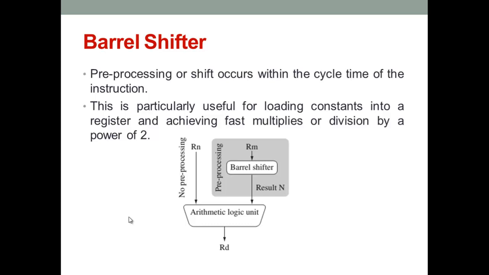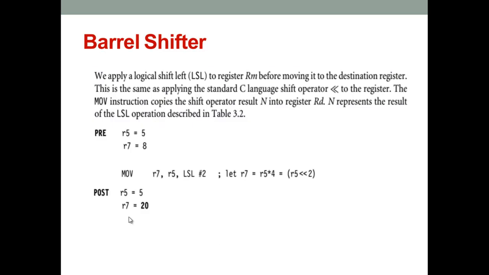In most other controllers, you would do your shifting operation as an individual instruction. Here it can happen with your move instruction as well. And what is the advantage? It helps you achieve fast multiplies or divisions by a power of 2, and that is the big positive we have with the barrel shifter.